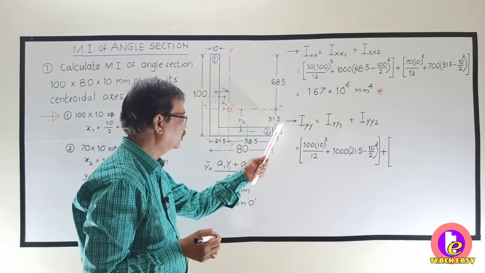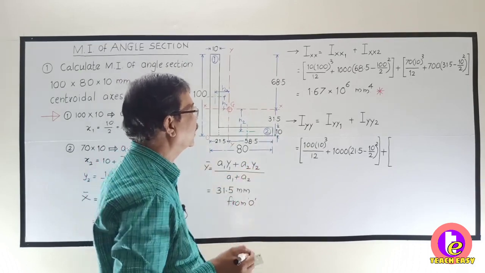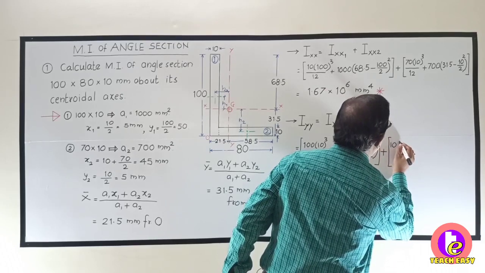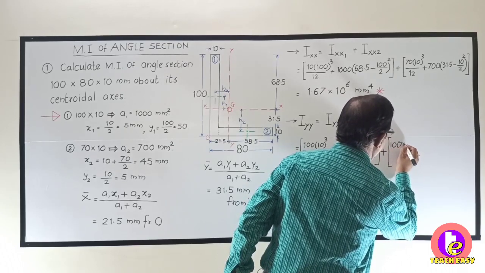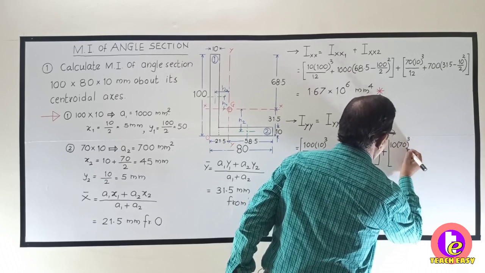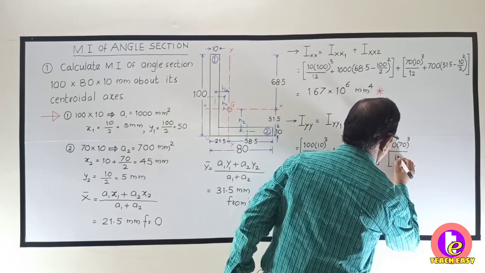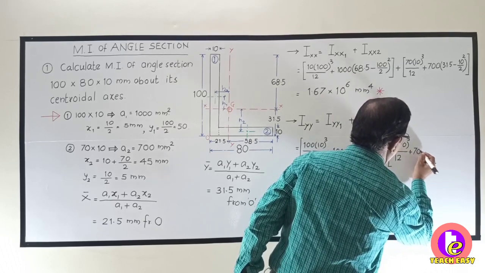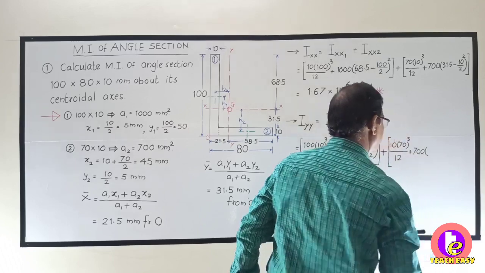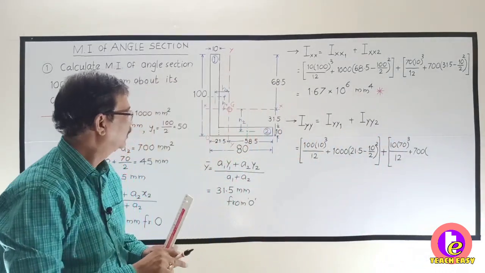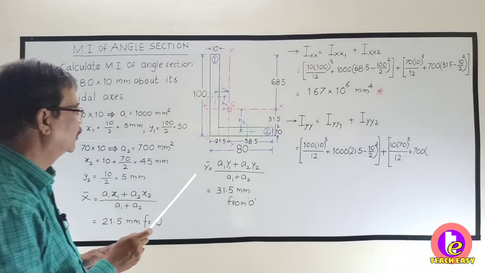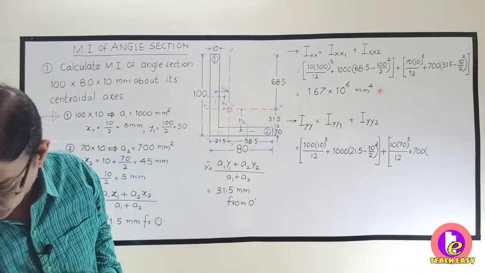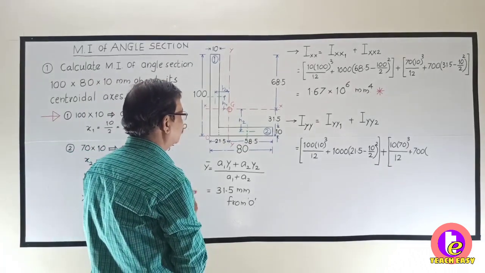DB cube. What is D of the second part? 10. What is B? 70. Just interchange the places. So 10 into 70 cube divided by 12 plus area is 700 into what is H? Now look here. This is the YY axis of the second part and we have to shift it to this y axis.